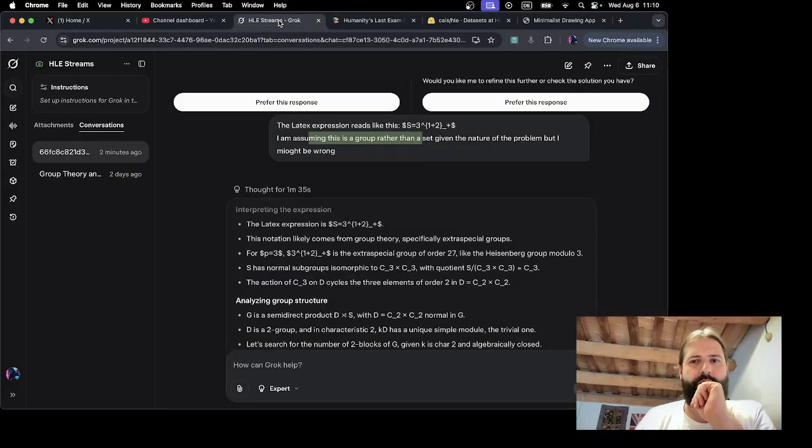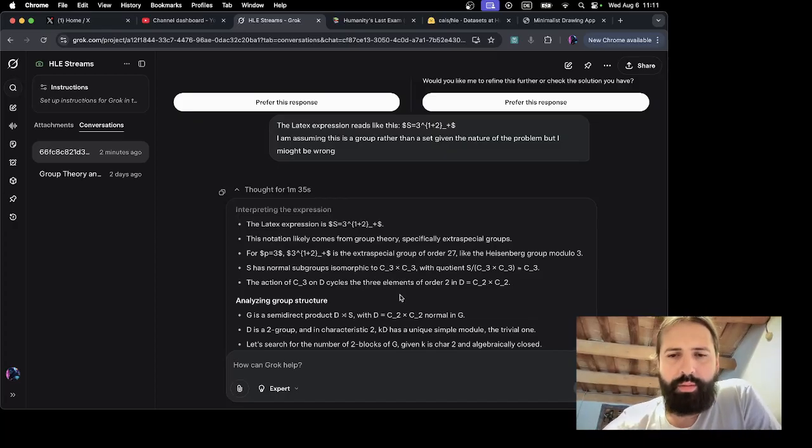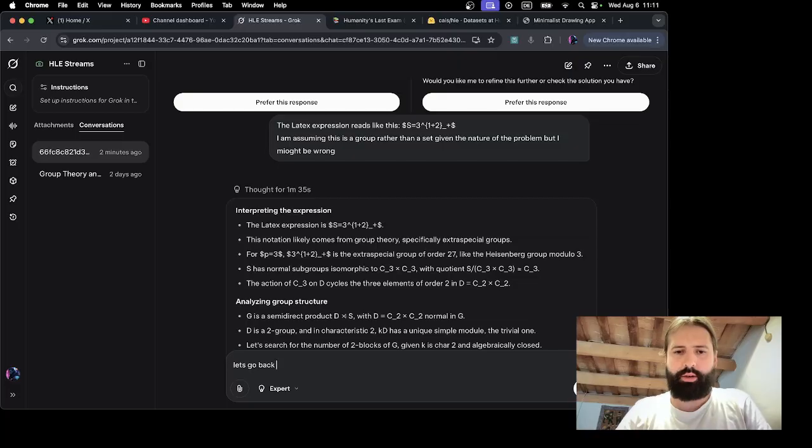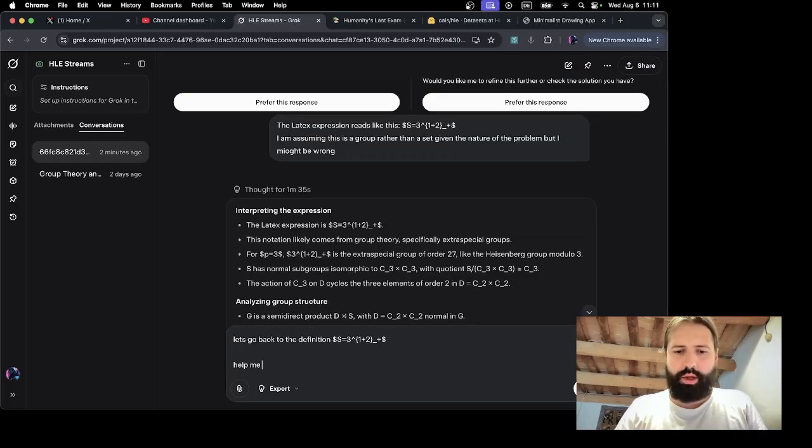Now, what does this group represent? It says it comes from group theory, so it's the extra special group of order 27. Help me break down this expression. Let's go back to the definition. Help me break down the notation here, please.